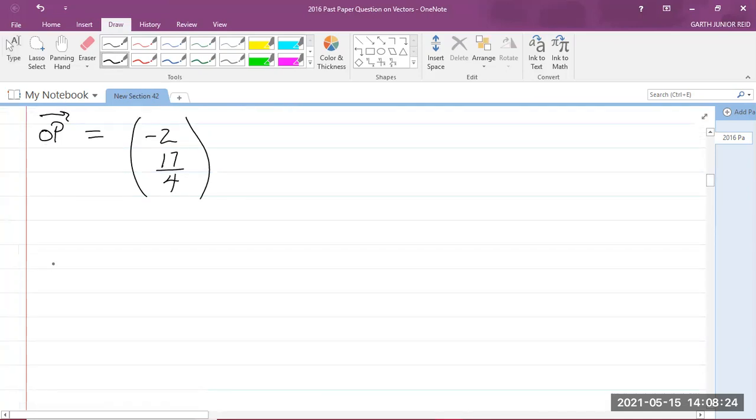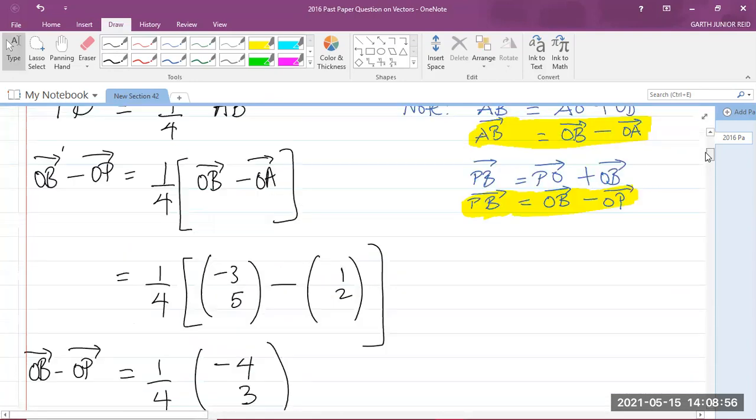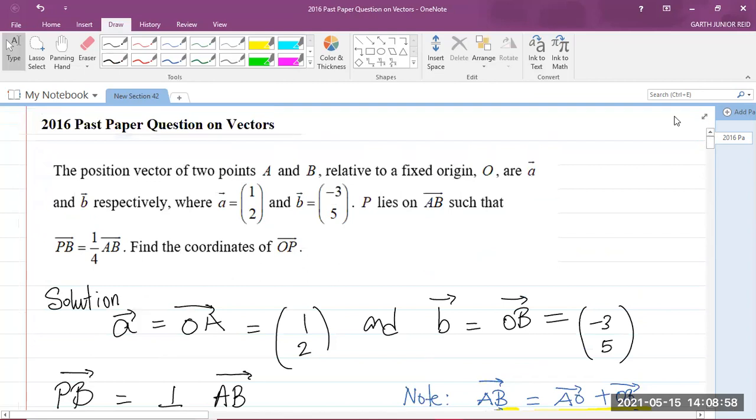So we can say, therefore, the vector OP is equal to (x, y), which is equal to (-2, 17/4). And that is my solution to this past paper question on the 2016 paper.